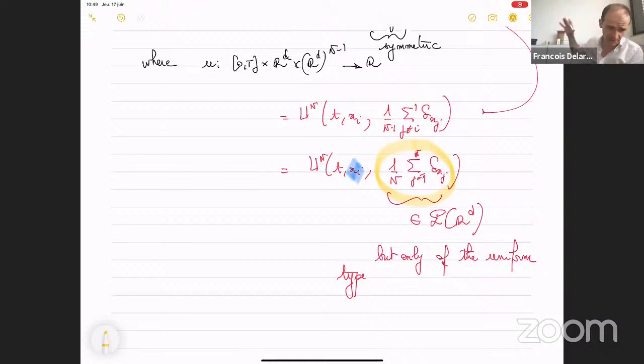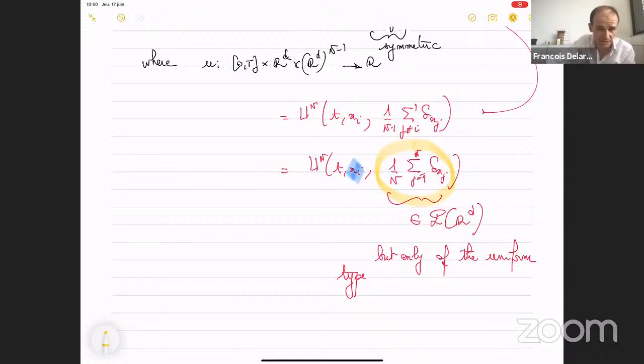What I'm doing here is writing the symmetric dependence as a dependence on the empirical measure of the system, or the uniform measure on the points, but I'm not claiming that UN can be easily extended to the whole space of probability measures. This is just a convenient notation.